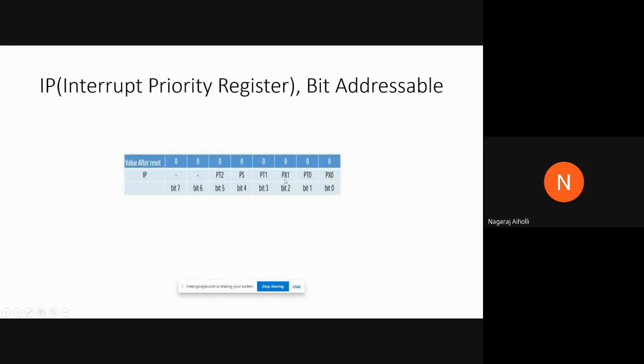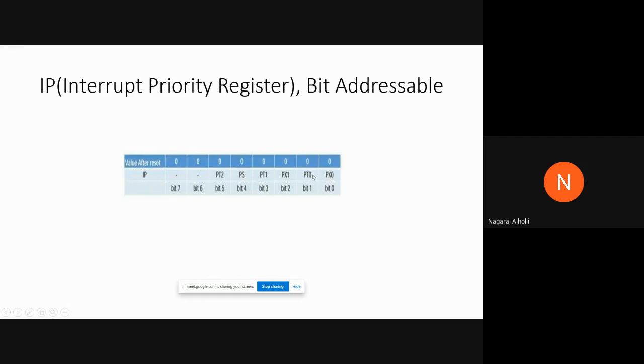Then bit 2, PX1, defines the priority level of external interrupt 1. X1 means external interrupt 1. If you want external interrupt 1 to have higher priority than the other interrupts, then we have to make PX1 equal to 1. Then next is PT0. It defines the priority level of the timer 0 overflow interrupt.